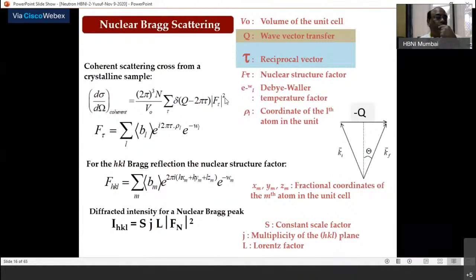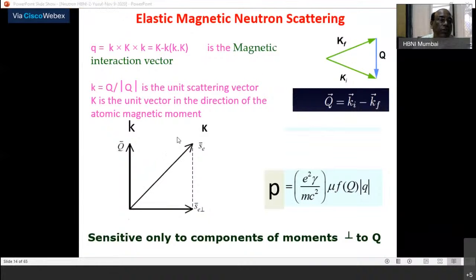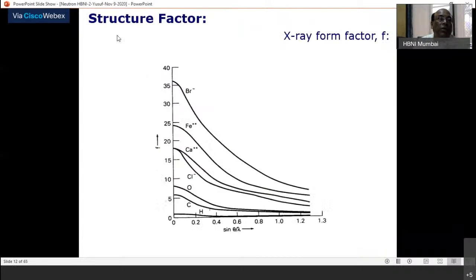Now, so far what I said, I only introduced the magnetic scattering length, which in the case of the nucleus is b. I also talked about which part of the moment is effective. I also talked about the magnetic form factor, and the X-ray form factor in the X-ray case.